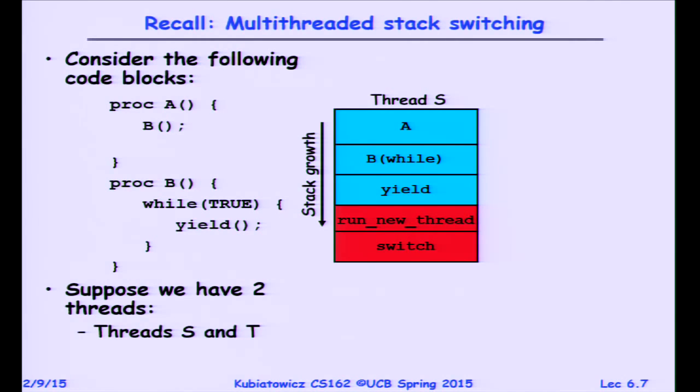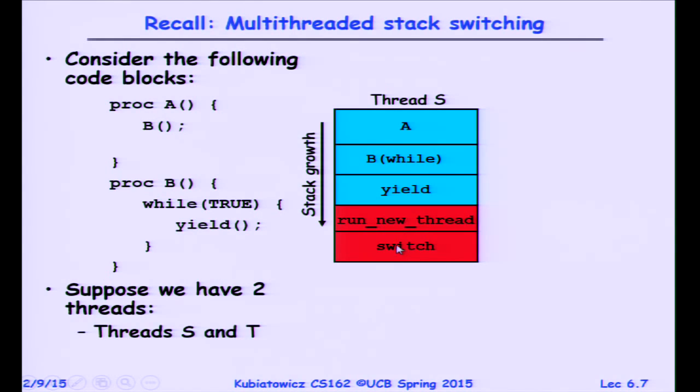Okay, so what happens? Thread S, let's say it's running for a while. It says, I'm going to call A, which is going to call B, which is going to eventually call yield. And what does yield do? Yield goes into the kernel. That's what red means. It calls run new thread, which is basically a part of the scheduler that says, this guy has yielded. Pull the next guy off the ready queue. Run new thread calls switch.